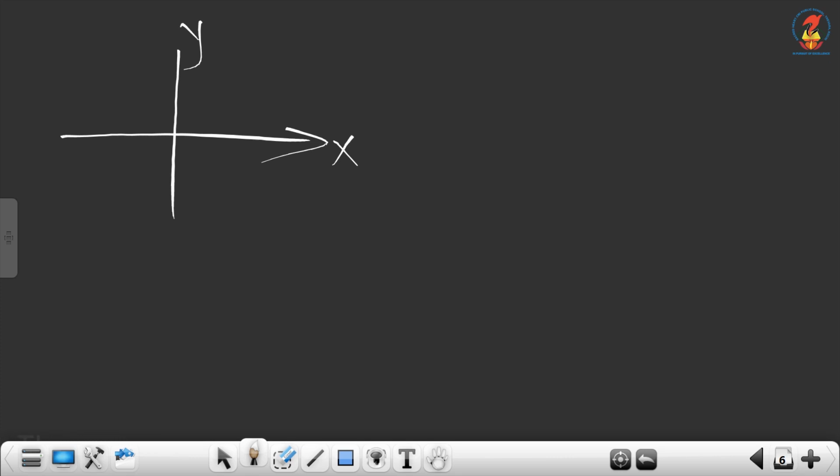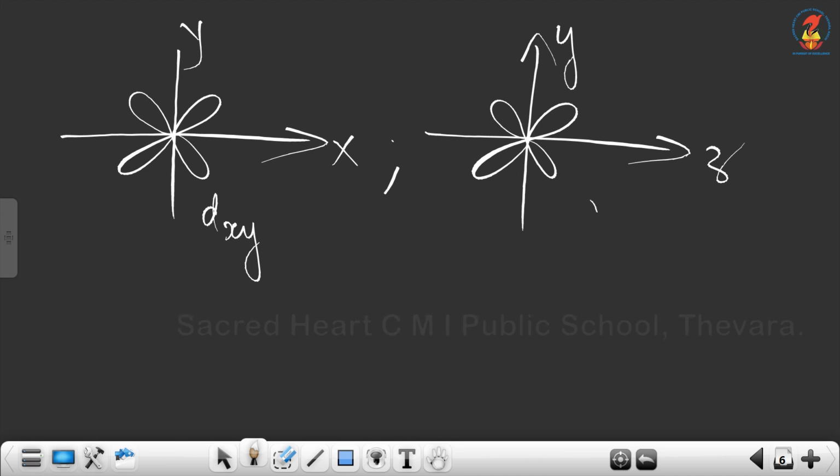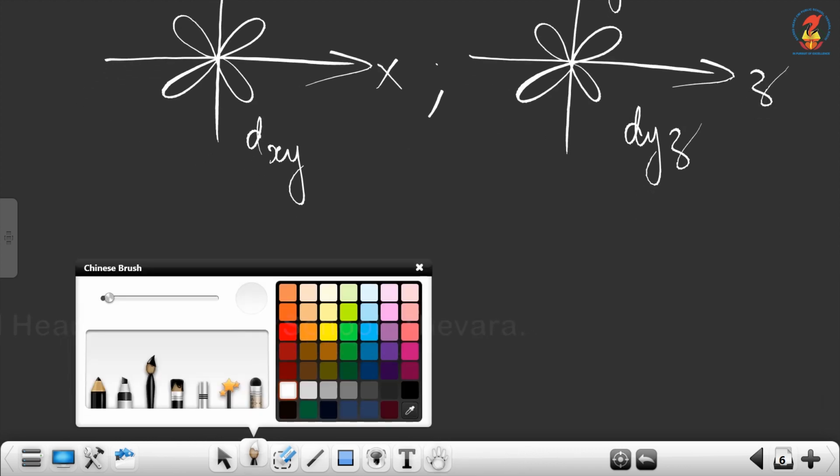Now dxy I am going to draw first. This is dxy. Next we have dyz. Take this as the y axis and this as the z axis. I told you the shape is dumbbell shape. This is the shape of the dyz orbital. Next is dxz.